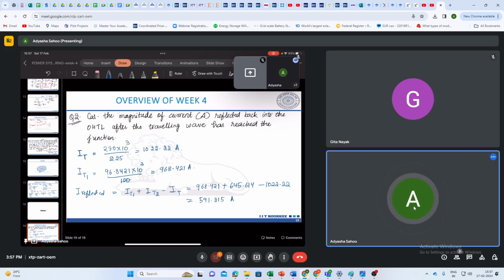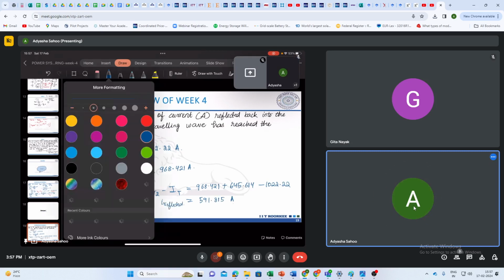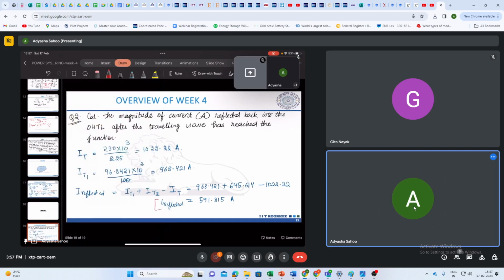So that is the magnitude of current reflected back. This is your answer.